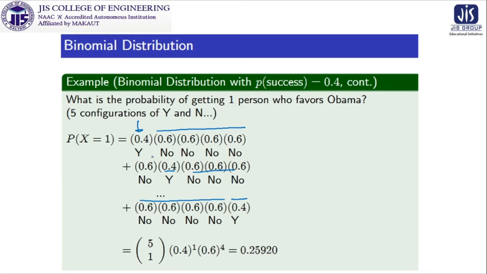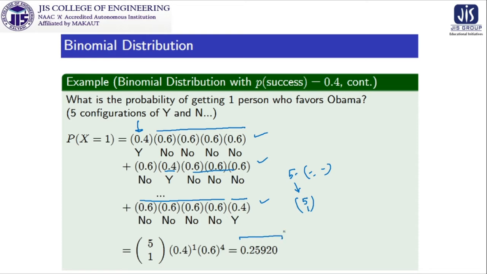Summing them up, we get 5C1 times 0.4 to the power 1 times 0.6 to the power 4, because all these are the same expressions. We can multiply it by 5 into the whole thing, but this 5 can be represented as 5C1, and we get the result.